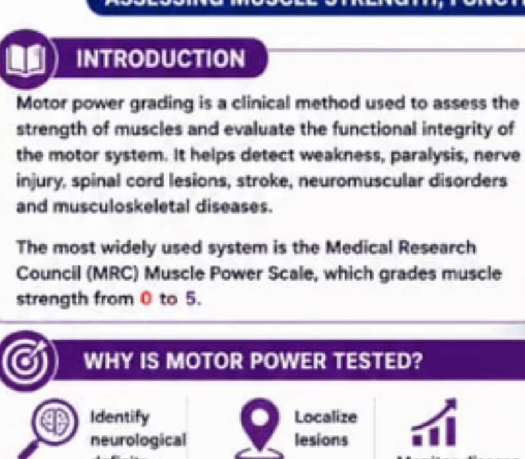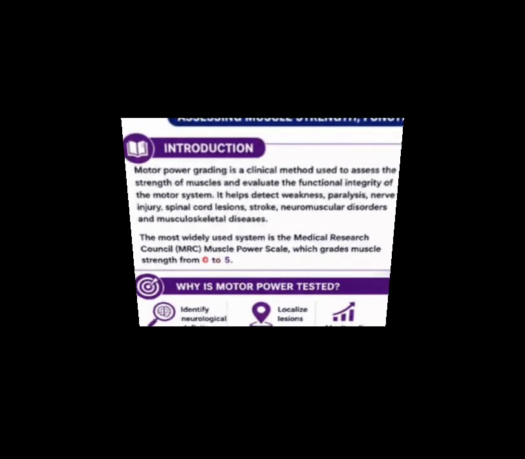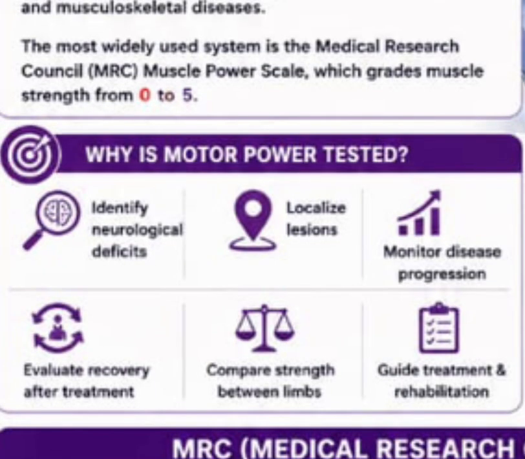So the question here: why do we test the motors? Why is the motor power tested? Why do we test the motor system? One, to identify neurological deficit, which means whether there is any cortical damage, especially from area 4, area 6, or area 3-1-2, because these are where our motor signals are originated initially.